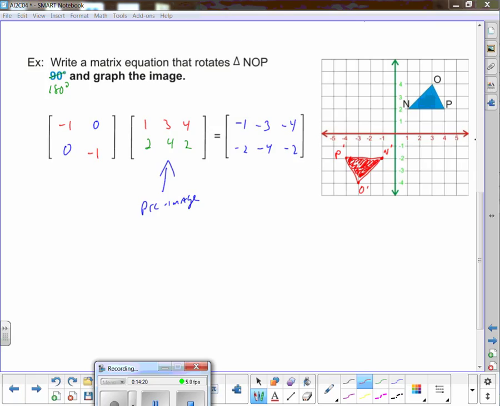Which, by the way, can anybody think up a quicker way than matrix multiplication to rotate an image 180 degrees? Hunter? Scalar multiplication by negative 1 will also rotate it 180 degrees. Because we're just changing the sign of every single coordinate. Okay.